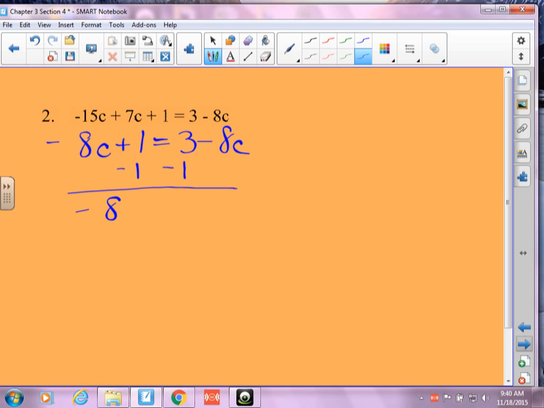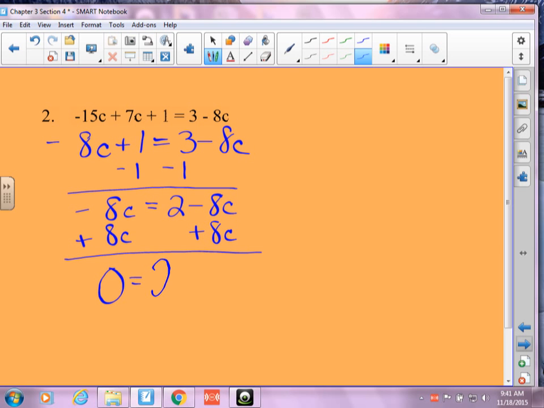So I get negative 8c equals 2 minus 8c. Okay, I'm going to add 8c. Okay, what do I get on my left-hand side? 0 equals, what do I get on my right-hand side? 2.